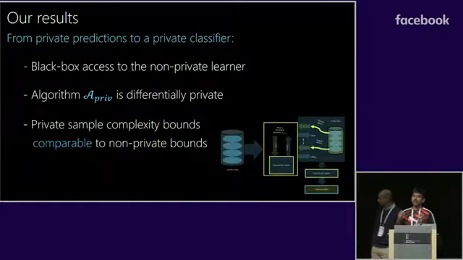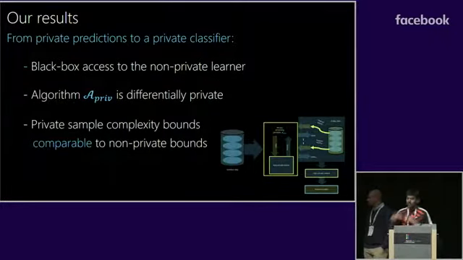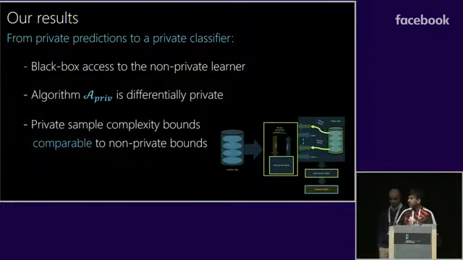Since we are looking at formal accuracy guarantees, even for the classifier, what we show is that our sample complexity bound for the private classifier is comparable to the sample complexity bound for the non-private classifier. And from here on, Raif will take you through the rest of the talk.